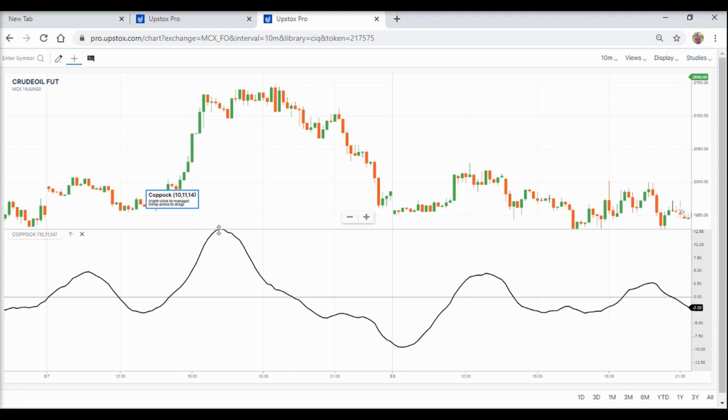Why 4500? 45 points or 50 points, something like that. Why I'm saying this: if you are going for the buy position, sometimes it will go below and it may increase. It will not go beyond 45 points.